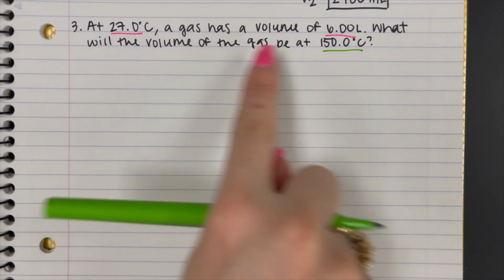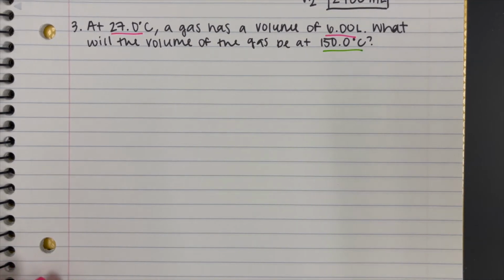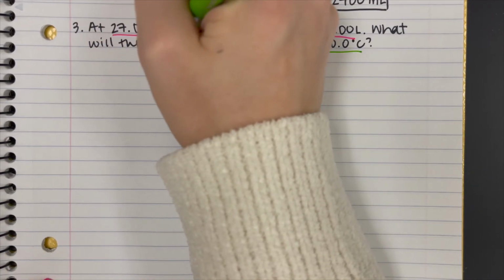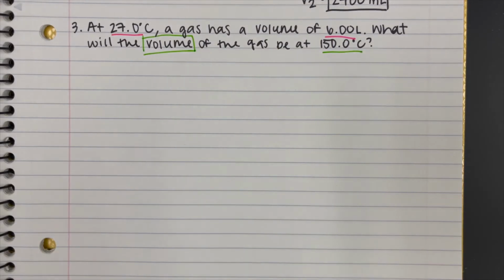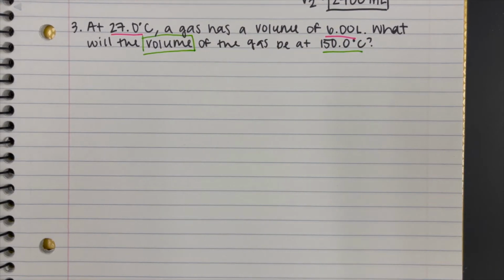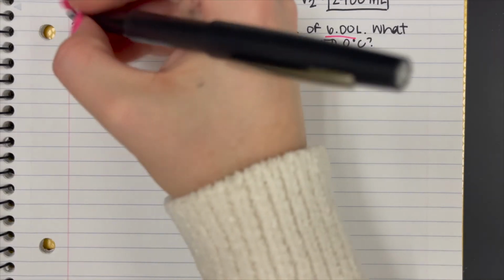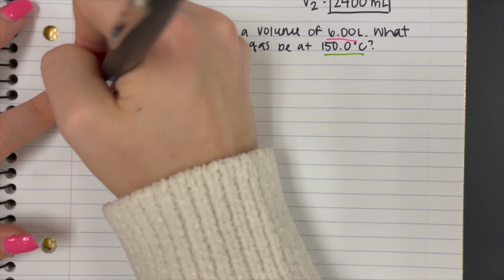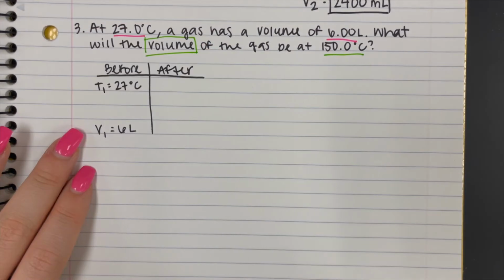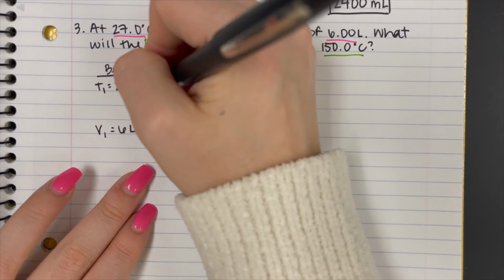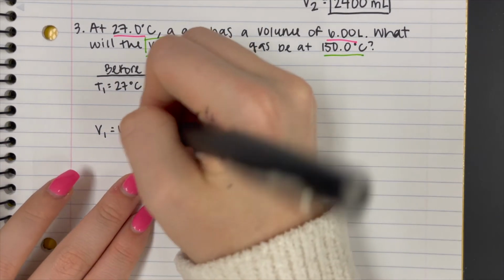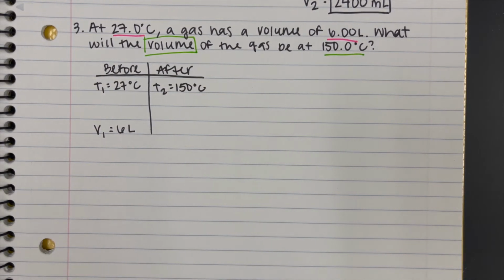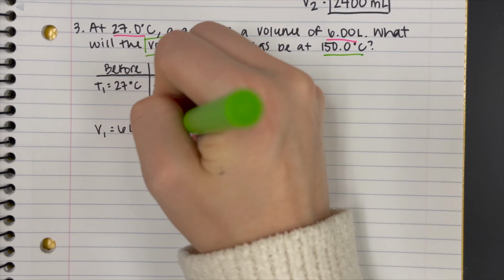So I know that I increased my temperature from the before. And so I'm going to be looking for the volume. Now I'm going to write these into my before and after chart. I know my temperature and my volume before, after my temperature is known, and my volume is still unknown. So that's what I'm looking for.